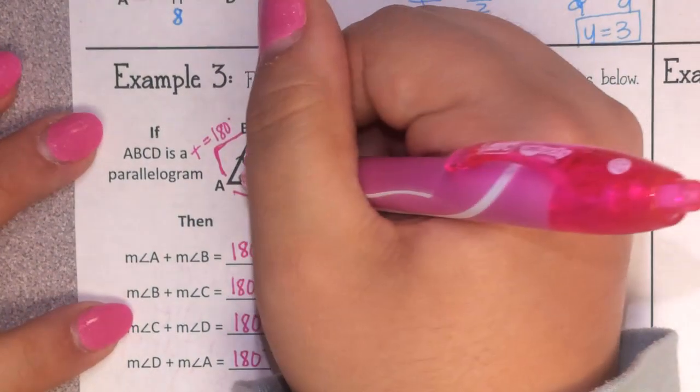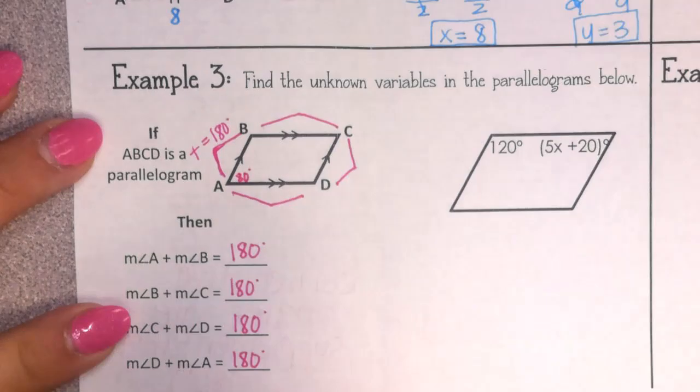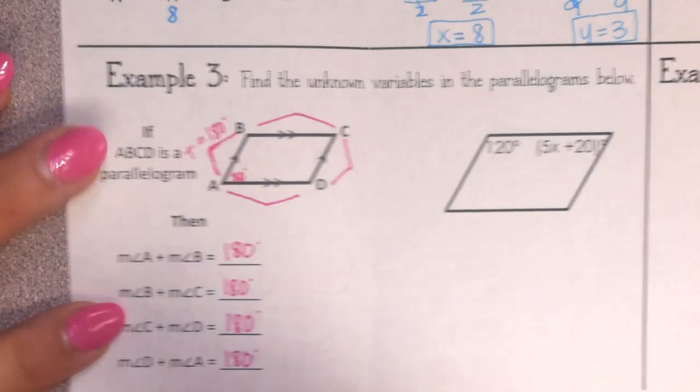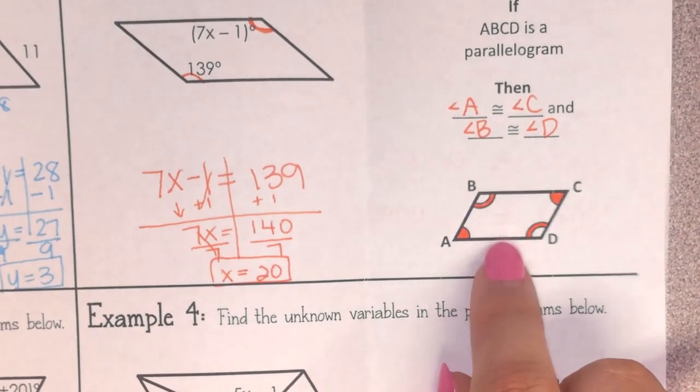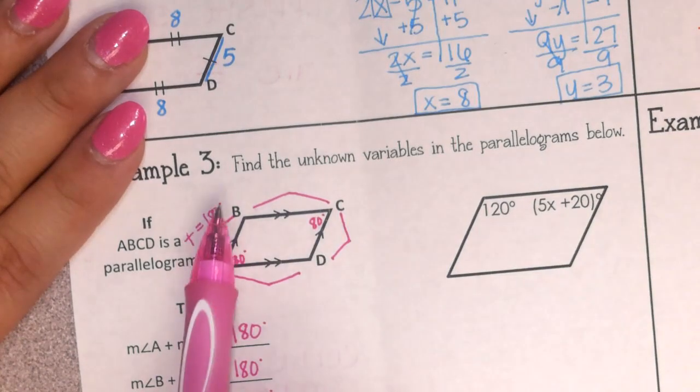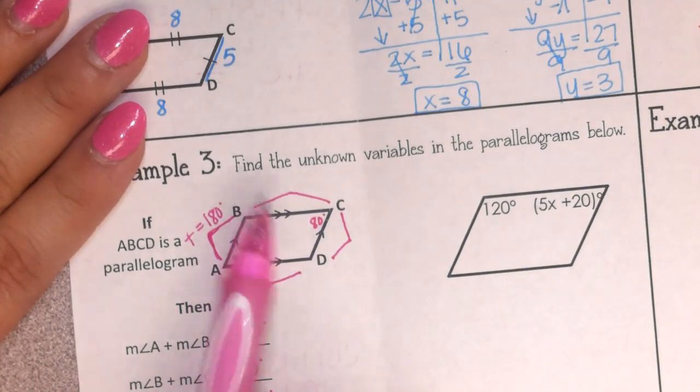Look up, please. I'm telling you angle A is 80 degrees. What else do you know? What else is 80 degrees? Why C? Because up here, what did we say? Opposite angles are the same. So everybody put 80 for C. How would I find B and D?